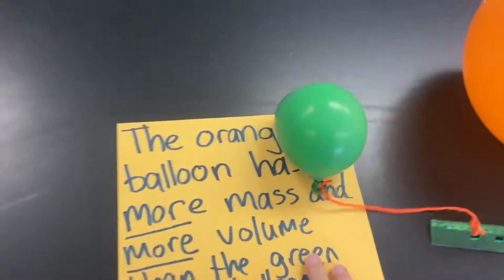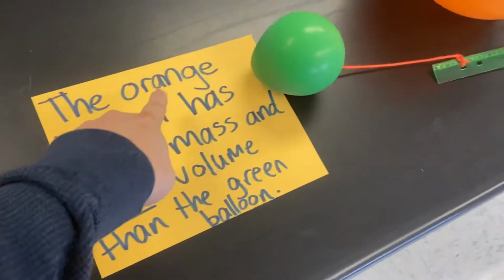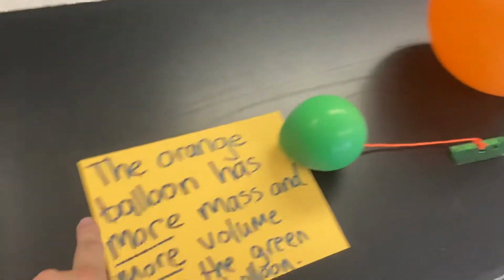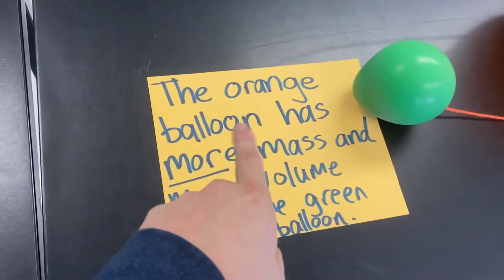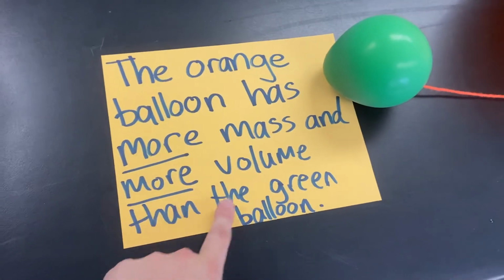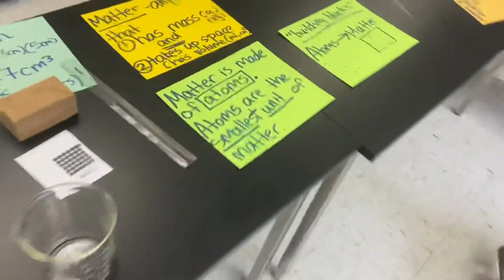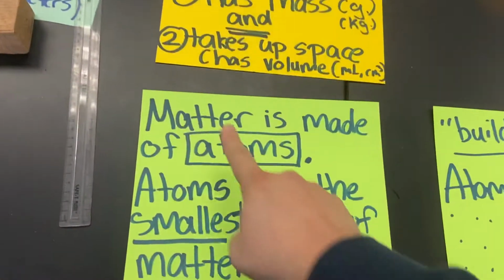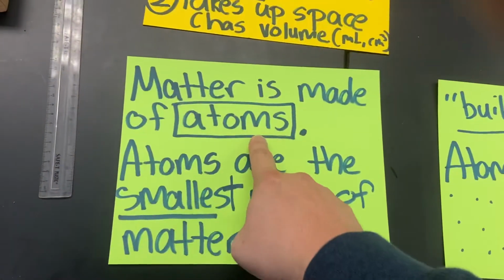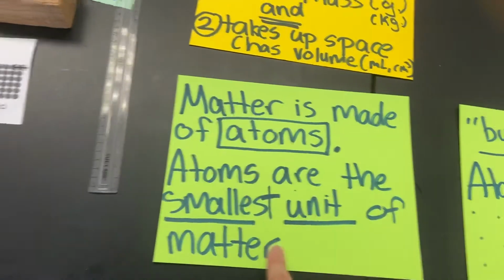And we just did this experiment and it told us the orange balloon has more mass and more volume than the green balloon, okay? And remember, if it's matter, matter is made of atoms. Atoms are the smallest unit of matter.